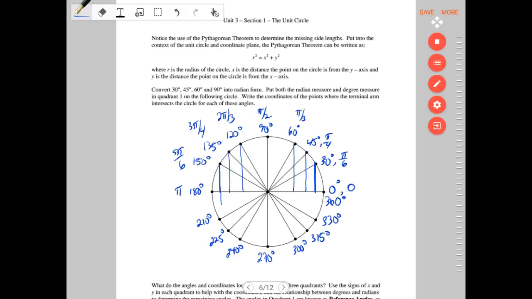So, 210 is 30 degrees below the x-axis, so it should also be a pi over 6. Okay, and we'll figure out what the numerator is in a moment.